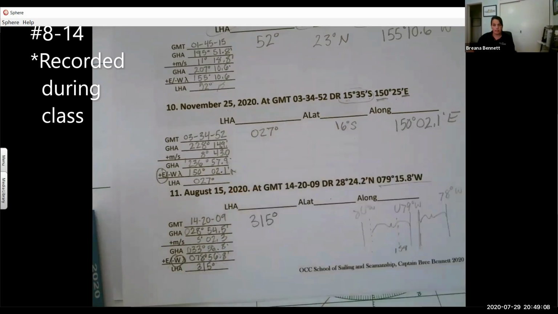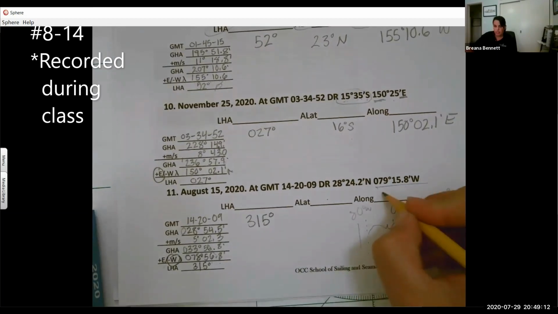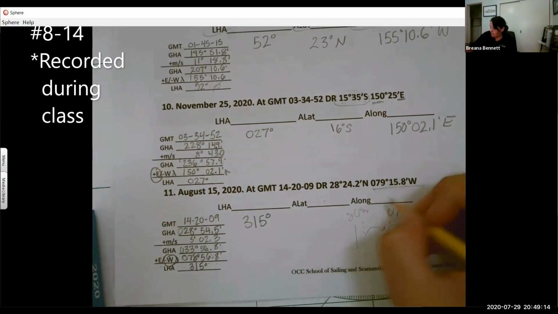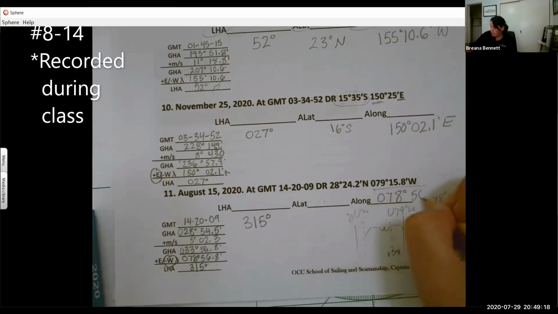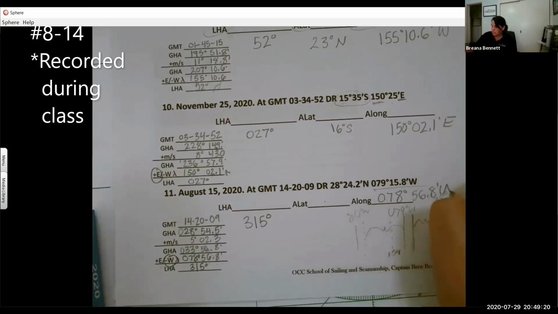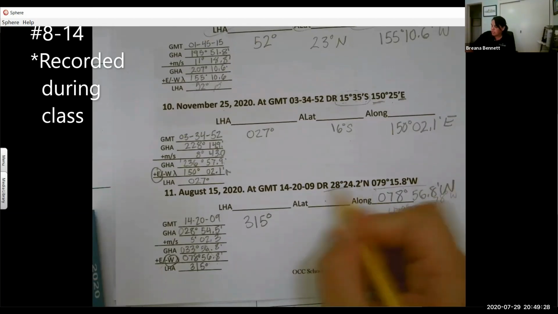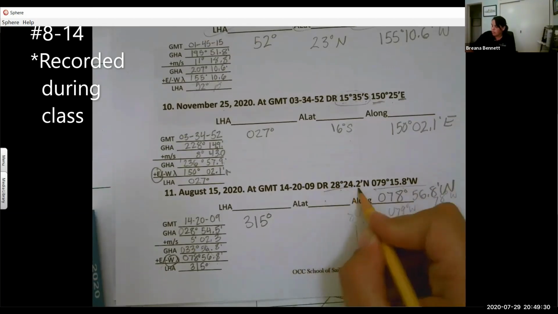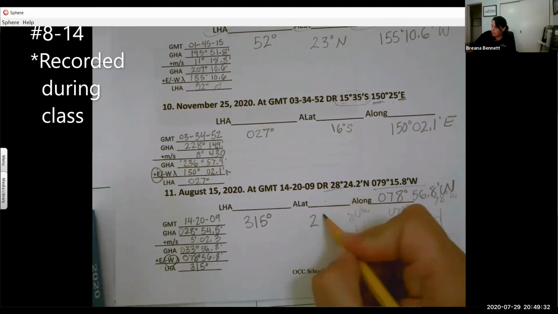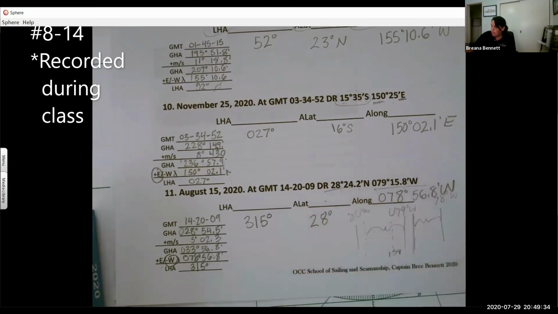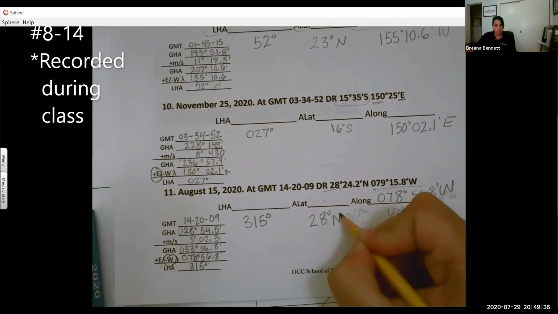Whole degree. So then my longitude, I know I'm sloppy here, gives us 078 degrees, 56.8 minutes west. Our assumed latitude, we're going to round to the nearest. We're at 24.2, so we'll round down to 28 degrees north.